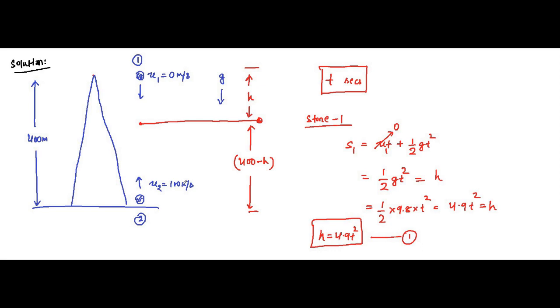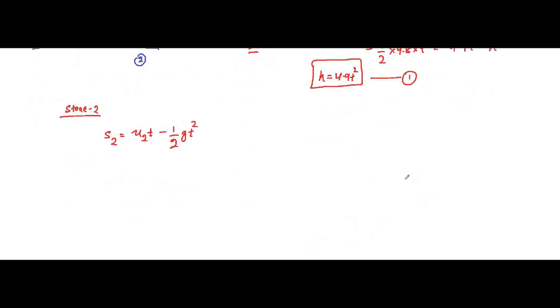That's why g is negative. For stone 1, direction of motion is downwards, g is also downwards, so g is positive. For stone 2, g is negative. Here initial velocity is 100, so S2 is 100t minus 4.9 t square.